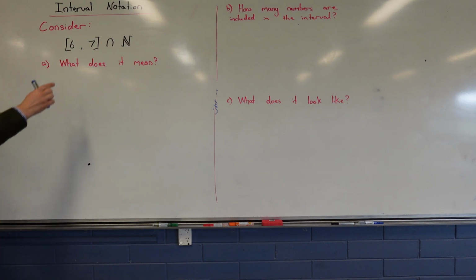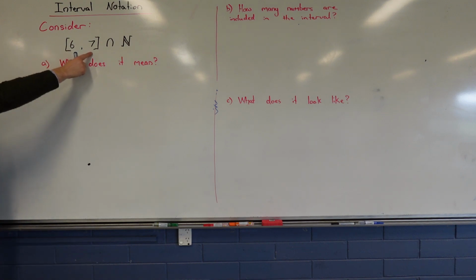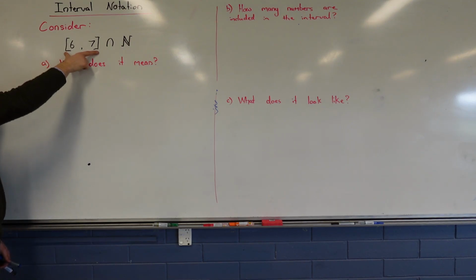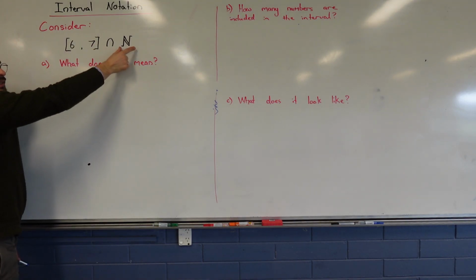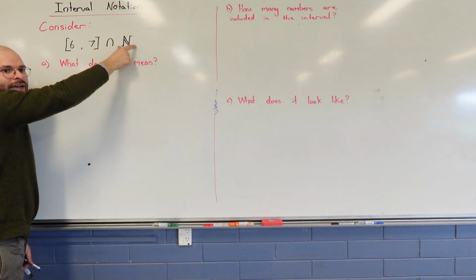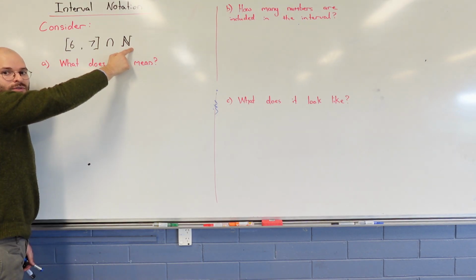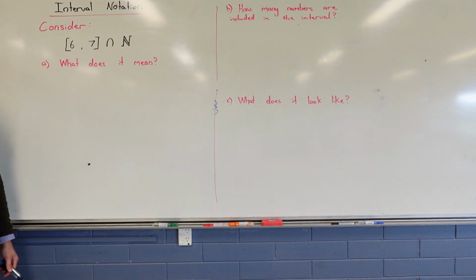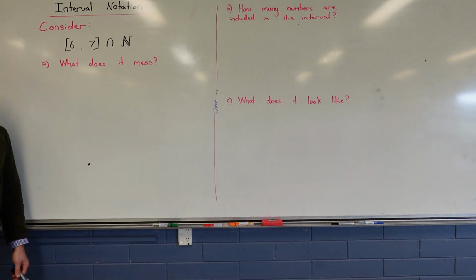So we're looking at the numbers 6 and 7. Two things to think about: there are two pieces of information. How many numbers are there that are natural numbers? Infinitely many. But the natural numbers are 1, 2, 3, 4, 5, 6 going up.